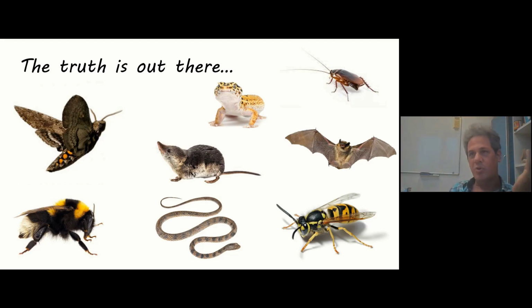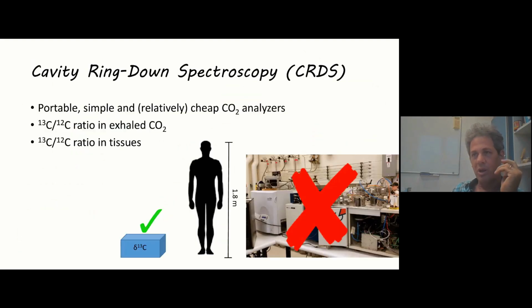We work with shrews, the smallest mammals, with bats, with hawk moths, bees, snakes, lizards, hornets, and I will show you some of our work with these animals, and I will show you work that we do when we use stable carbon isotopes to study nutrition physiology.